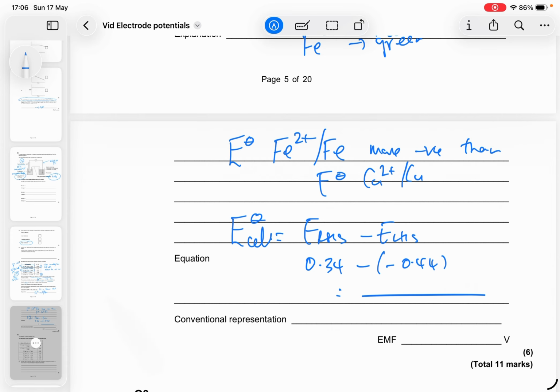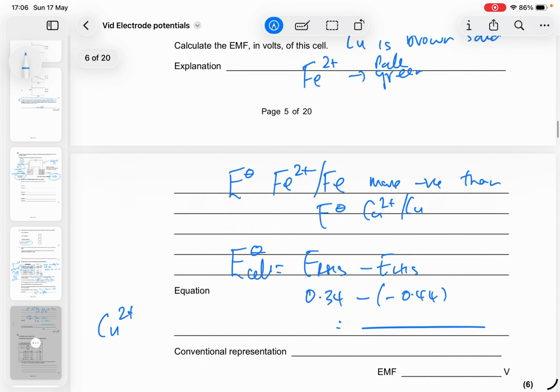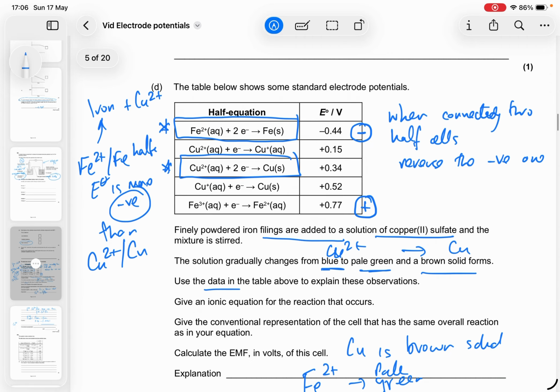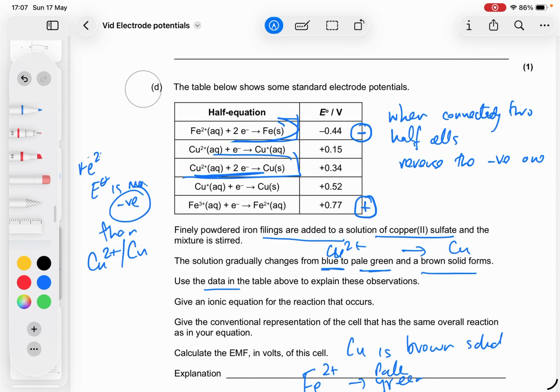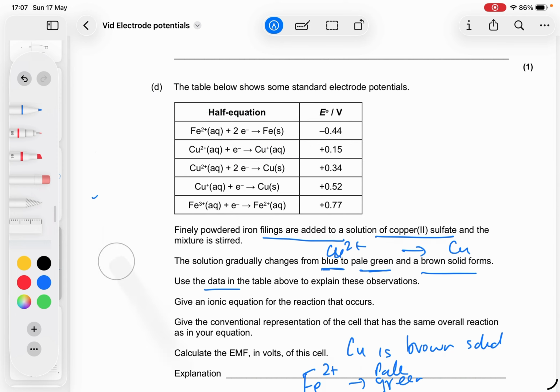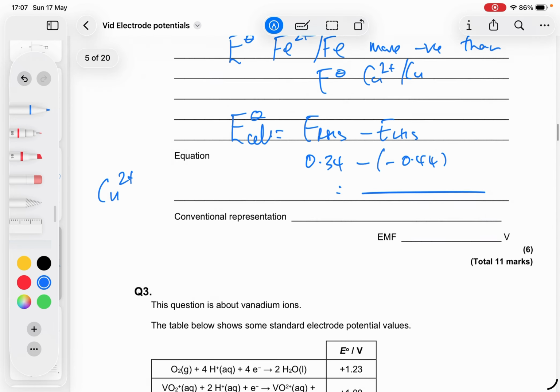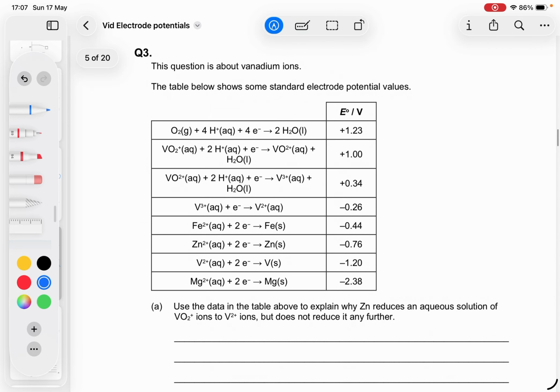And what's the overall equation? Let's go back here. Copper 2 plus, iron 1 will be reversed. So the reaction that occurs is Fe reacts with copper 2 plus to form Fe2 plus and copper, and you can see the reaction that is being reversed. And that's really it for an understanding of this topic.